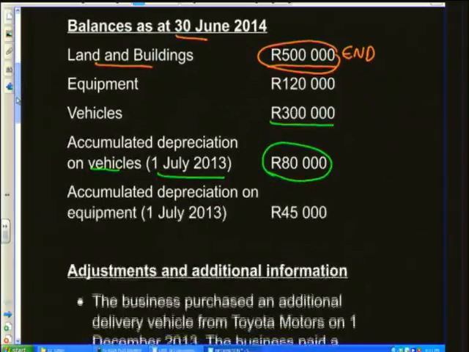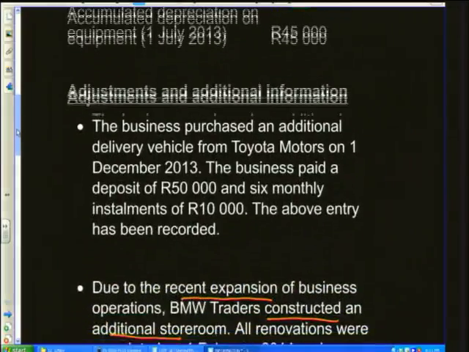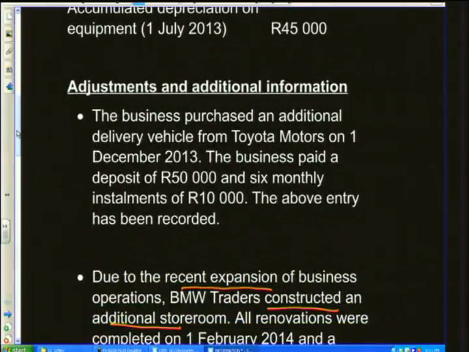And then my additional information, let's go through that as well. The business purchased an additional vehicle from Toyota Motors on the 1st of December 2013. The business paid a deposit of 50,000 and 6 monthly installments of 10,000. The above entry has been recorded.